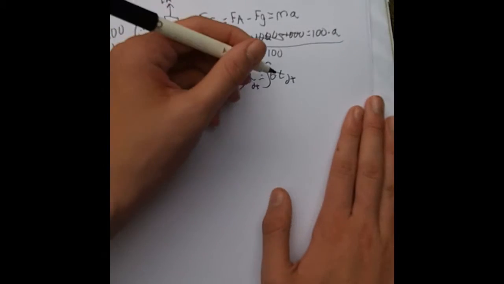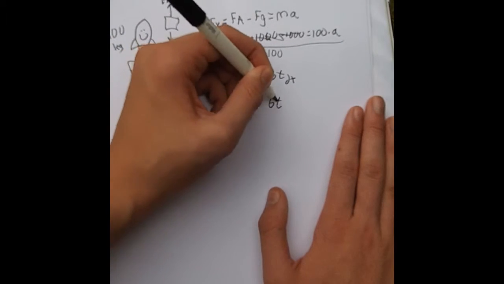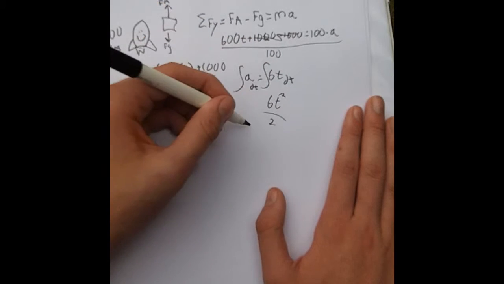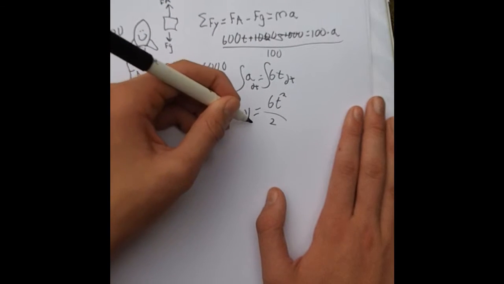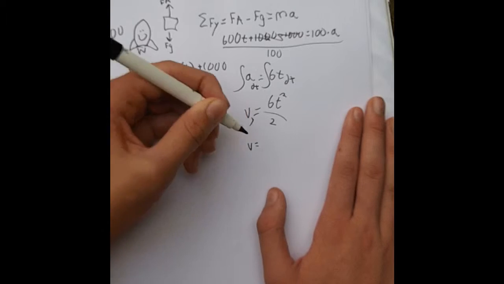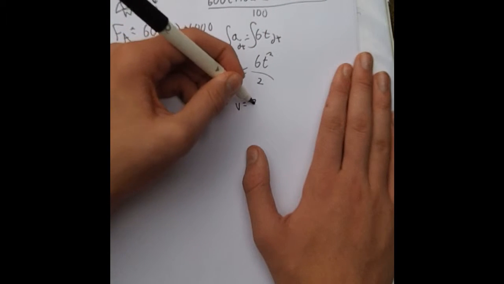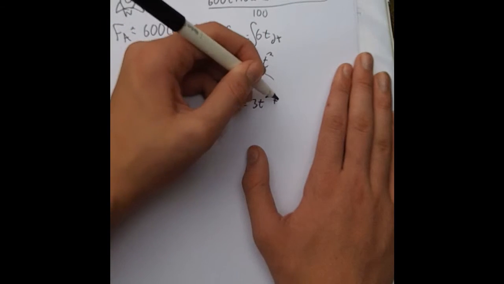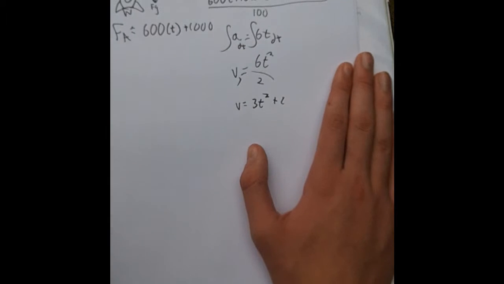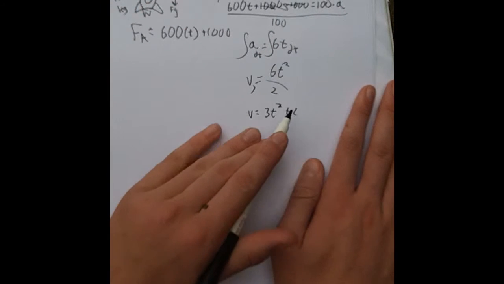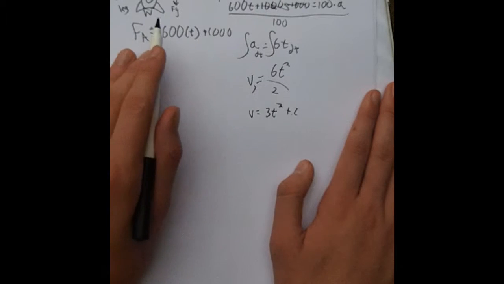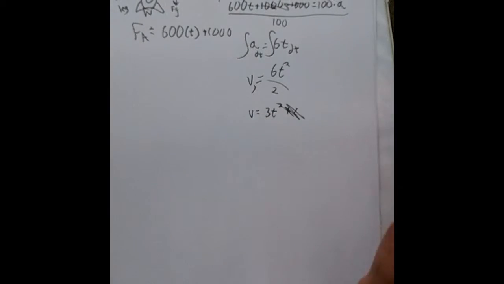So first integration, we get 6t squared over 2, and that's v. So v equals 3t squared plus c, which is our initial y velocity. Because we don't have one, it starts from rest, we're just going to ignore it.